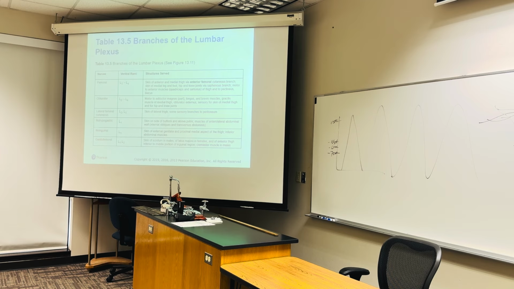Just to let you know, if you look at the name, it is already telling you a lot, right? What about the genitofemoral? Skin of the scrotum of the males, of the labia majora in females, and of the anterior thigh inferior to the middle portion of the inguinal region, and what? Cremaster muscle in the male.